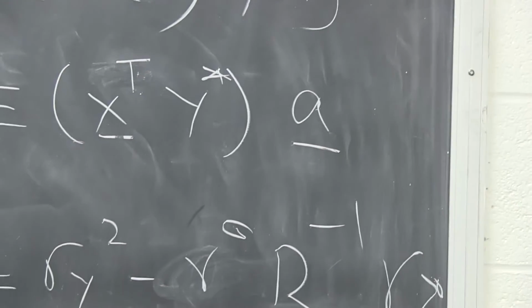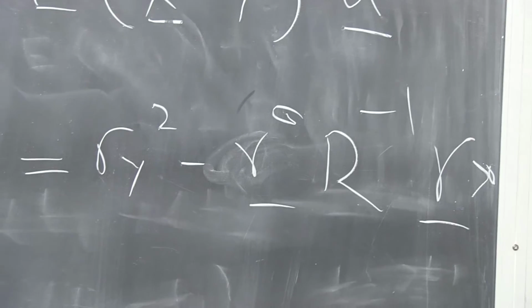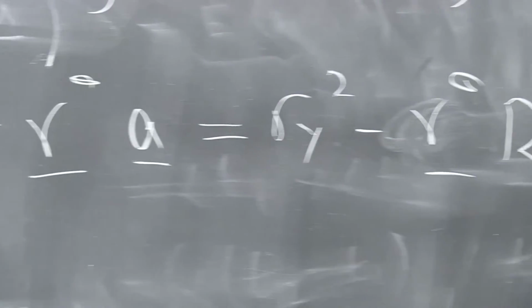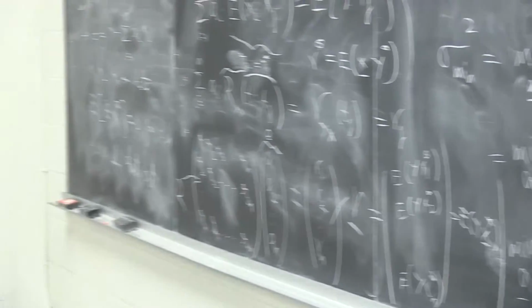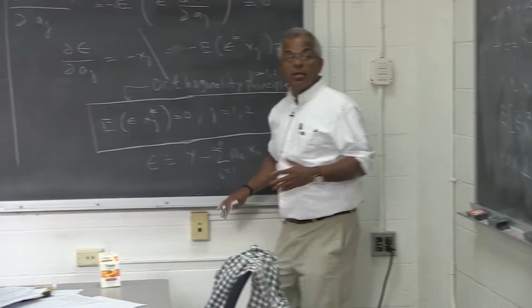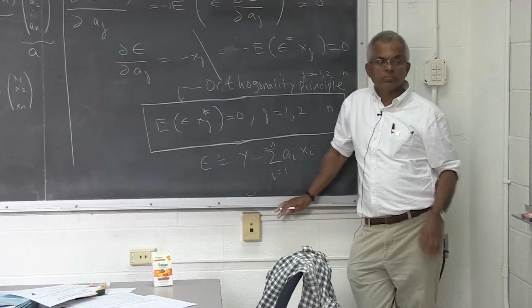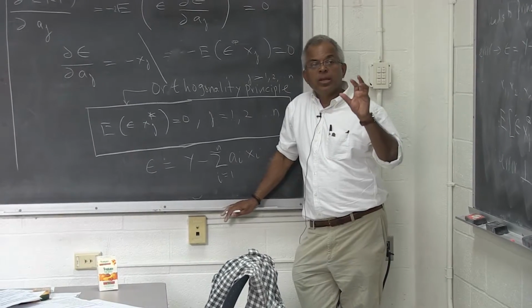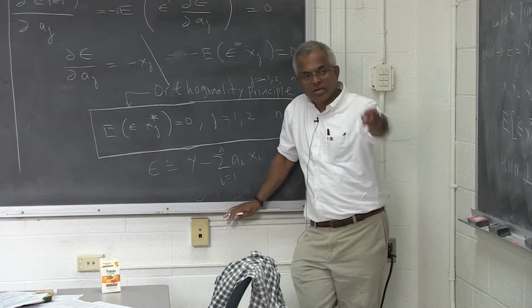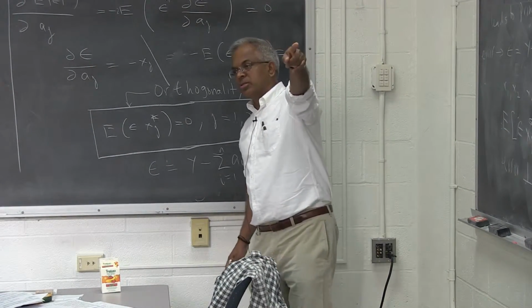So that's the moral of the story with respect to linear estimation. The best linear estimator, the unknown coefficients obey the orthogonality rule. And so if you ask me ultimately what is the minimum most error, that's the minimum most error there.